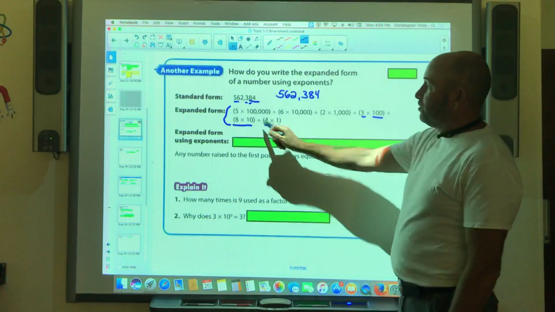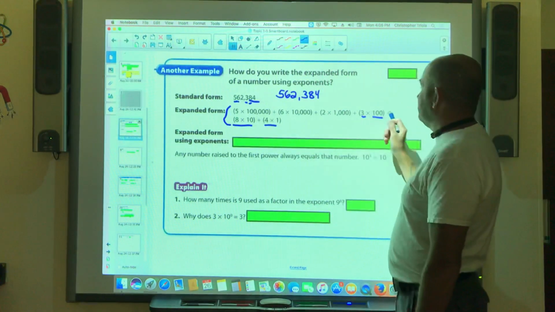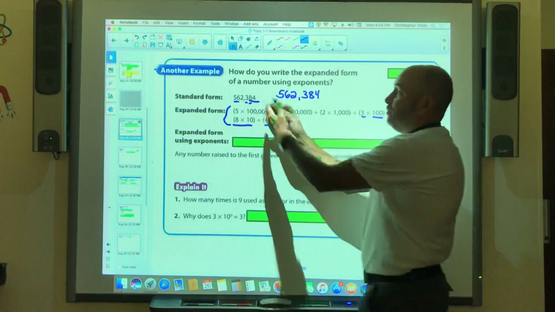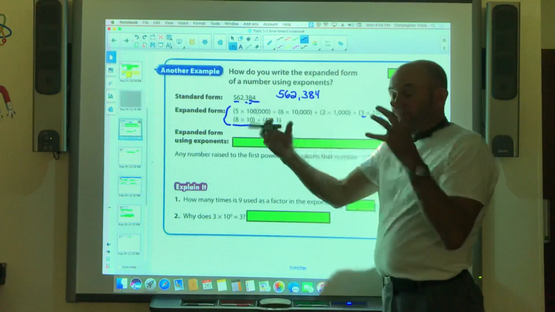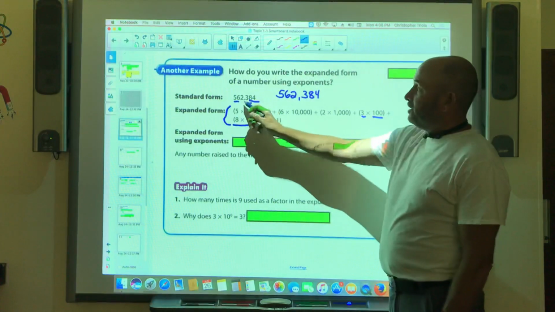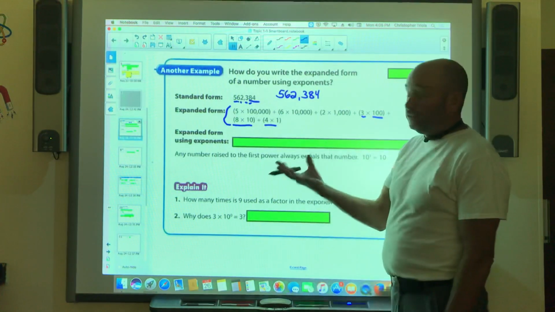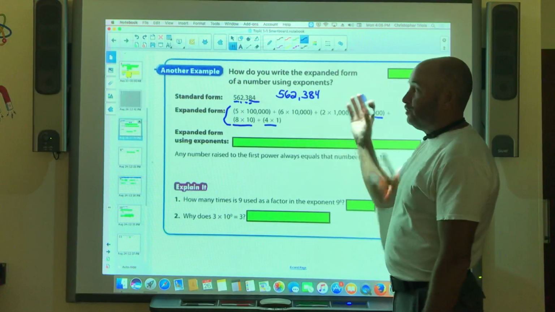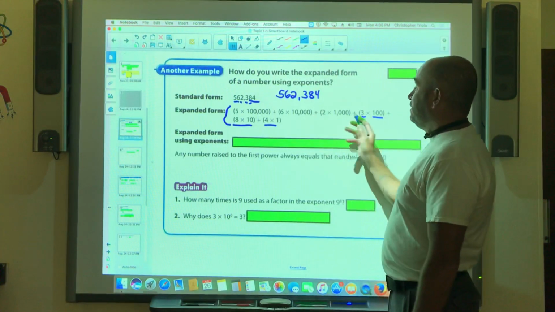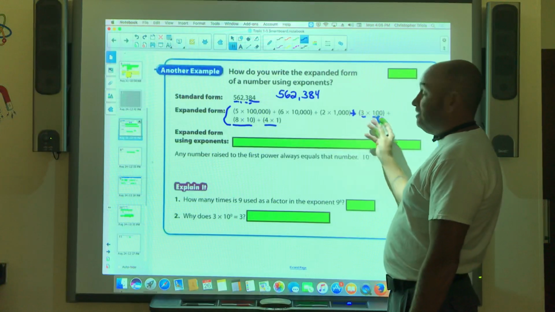Now notice that you're adding all of those amounts as you go, because each one of these place values represents its own value expanded. Then you get to the 2, which is in the thousands place, so you would have 2 times 1,000, because you have 2 sets of 1,000. You want to make sure you add that to the other amounts.